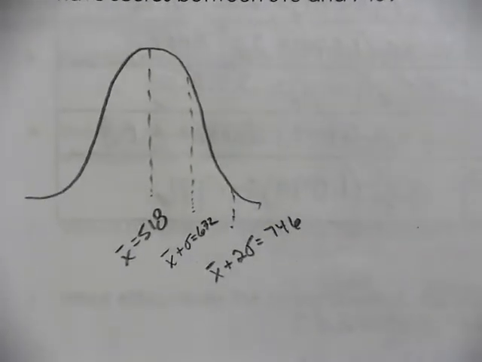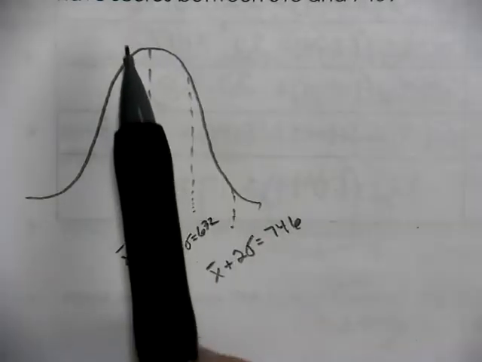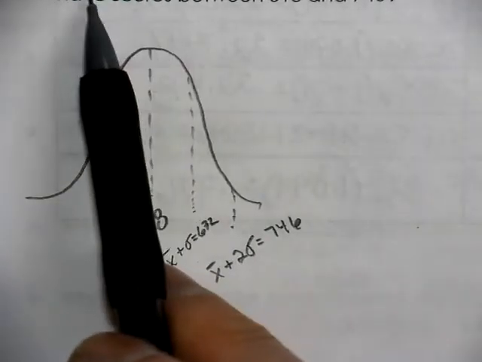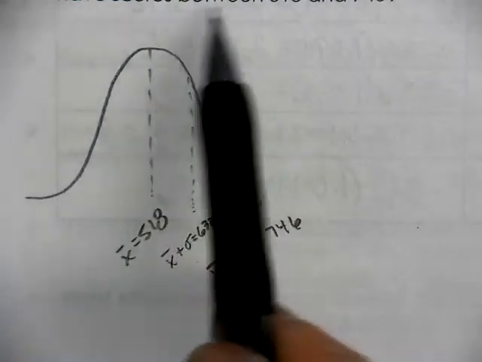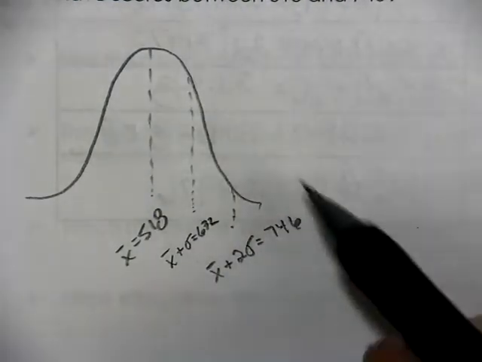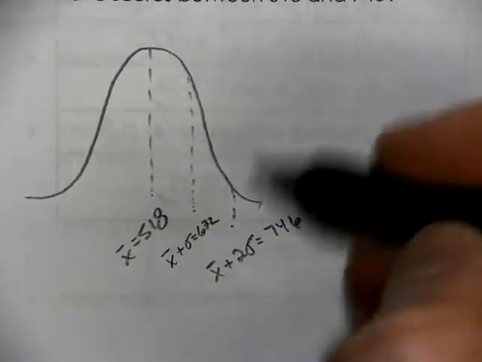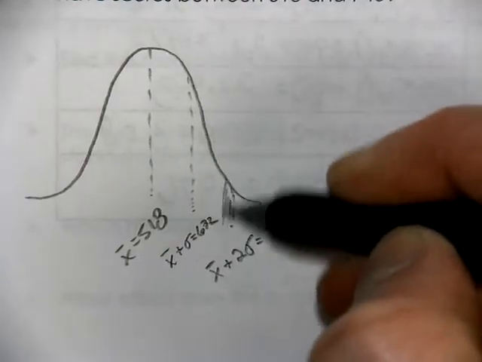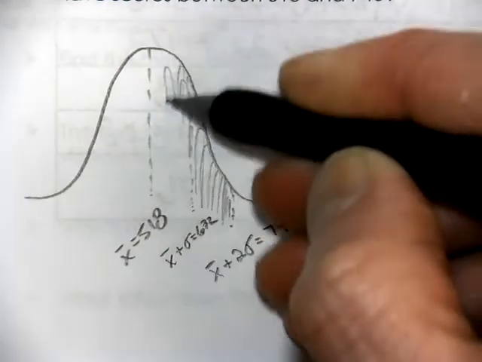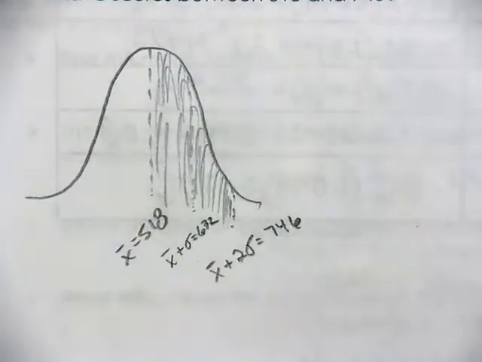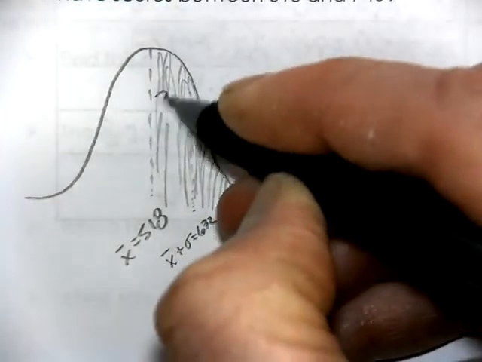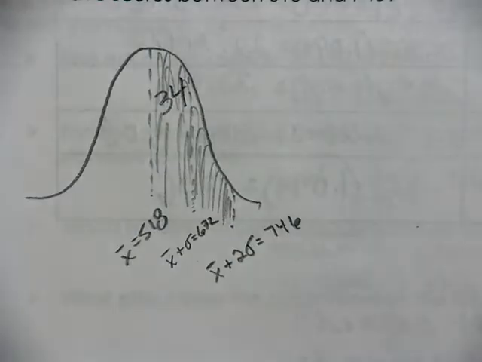So what's the probability? Or here they're just asking for what's the percent. About what percent of the test takers have scores between this? So we're looking for values between there. This was our 34.